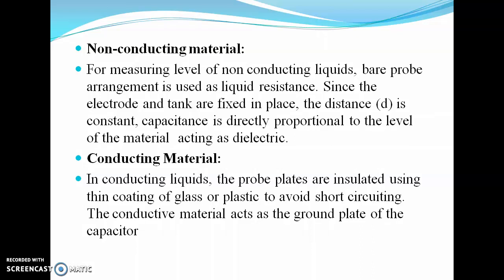For measuring the level of non-conducting liquids, a bare probe arrangement is used. Since the electrode and tank are fixed in place, the distance D is constant. The capacitance is directly proportional to the level of material acting as dielectric.